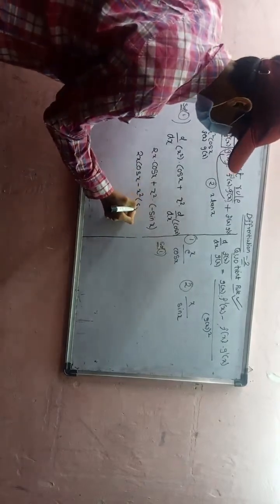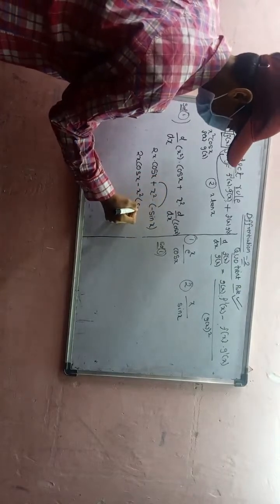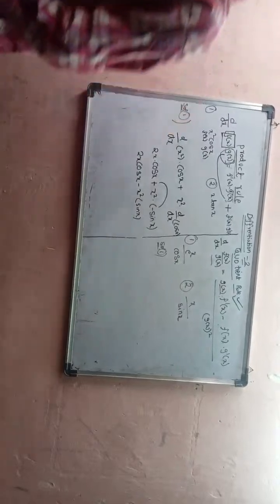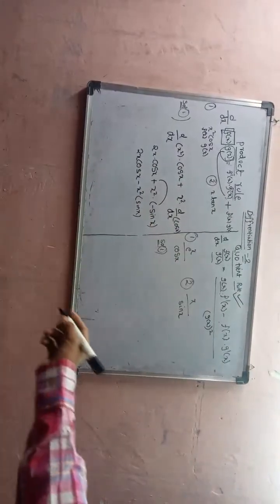Why am I writing sin x? Because plus into minus gives minus. So 2x cos x minus x square sin x, or sin x into x square.